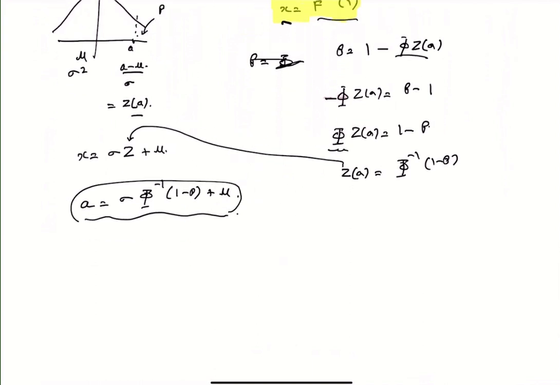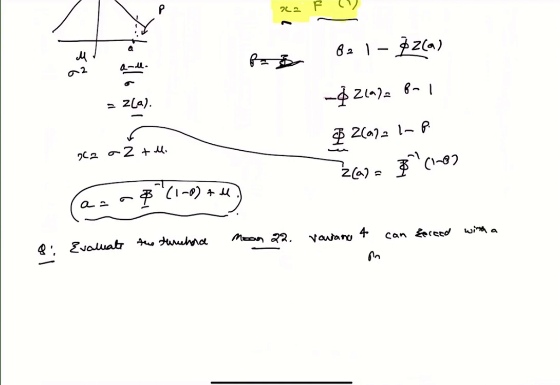Okay, next question is that we want to evaluate the threshold which a normal variable with a mean of 22 and a variance of 4 can exceed with a probability of 0.1.